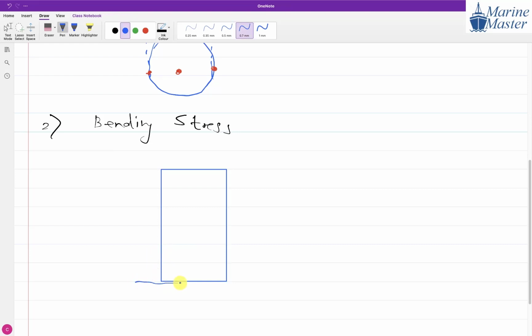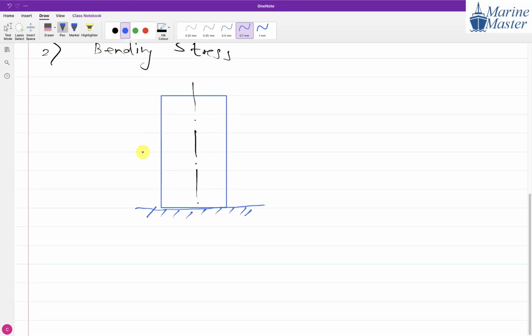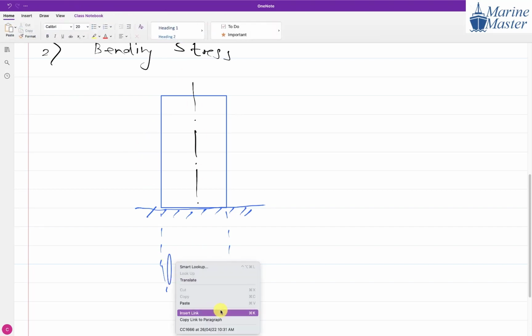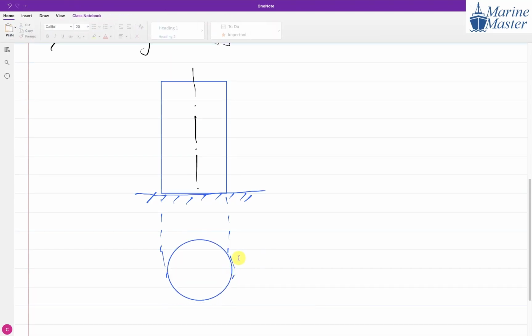See, this is our column, and this is the center line of the column. Just imagine it can be any cross section; for simplicity I am showing a circular one. Let me draw it properly. This is a rough drawing of a circular cross section.